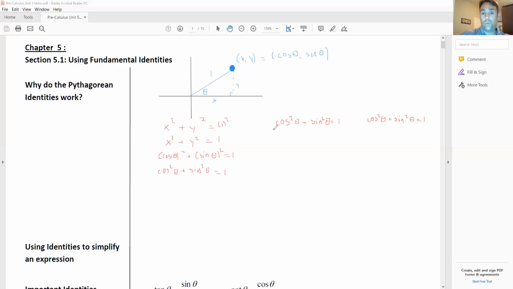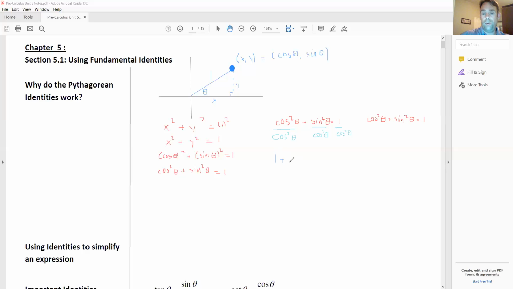Now, if I take this first one and divide everything by cosine squared, we see some cool things. Cosine squared divided by cosine squared gives us 1.